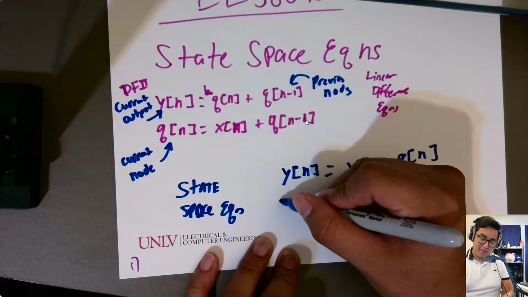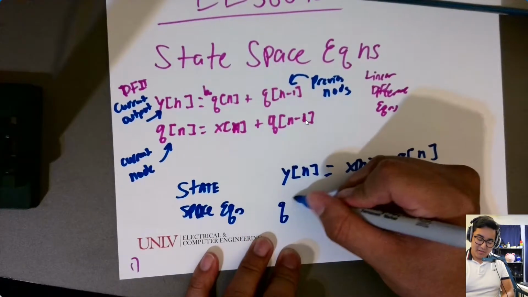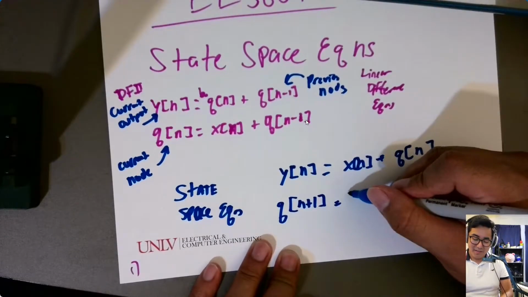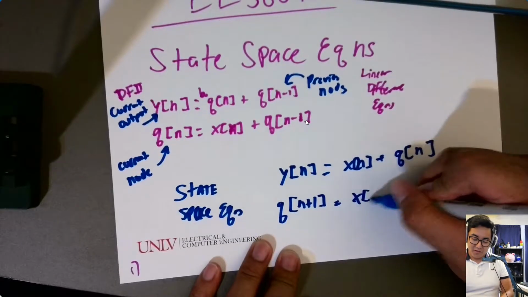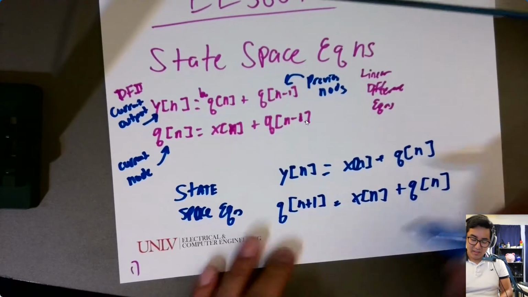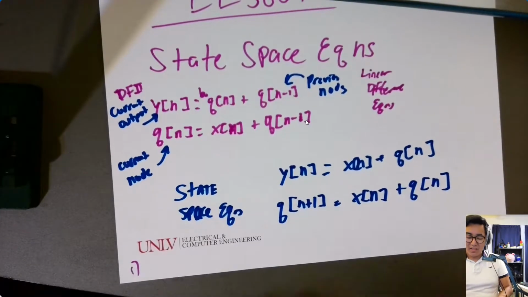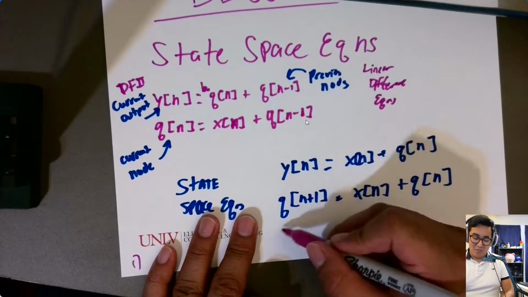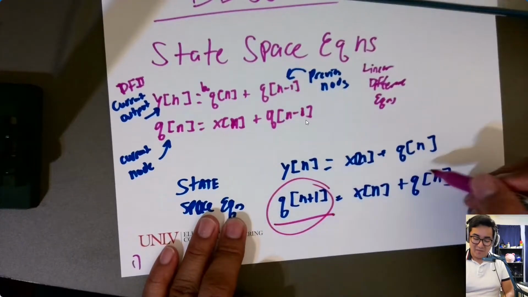Q of n plus 1. Okay, this is the part where I get confused. Which is also a function of, to re-elaborate, sorry, this right here is what I want to tackle for today.